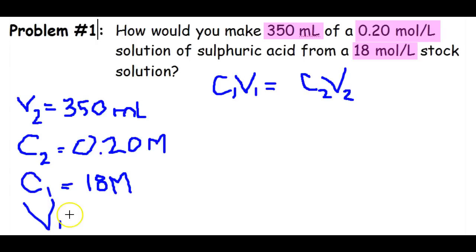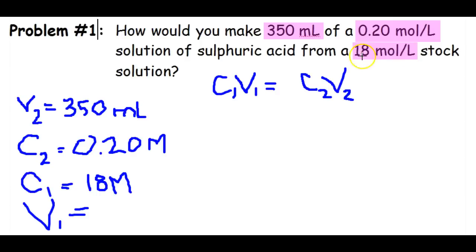And so let's analyze why it makes sense that V1 would be what I need to figure out here. So it says, how would you make 350 milliliters of a 0.2 mole per liter solution of sulfuric acid from an 18 mole per liter stock solution? So they're really asking me how much of this concentrated solution am I going to need to draw out with my pipette?